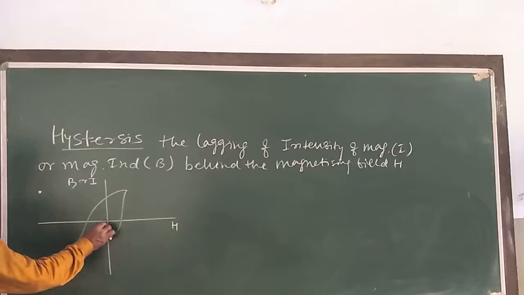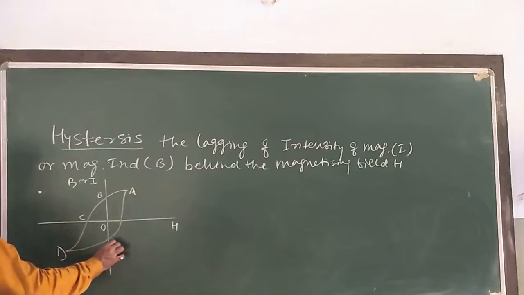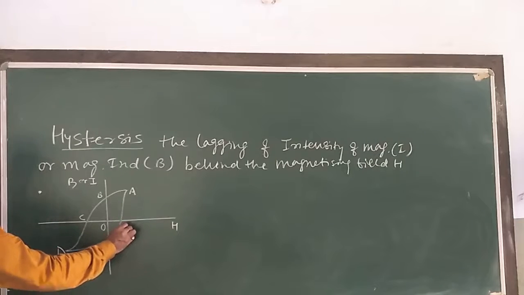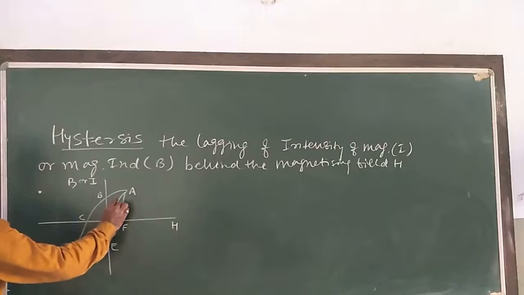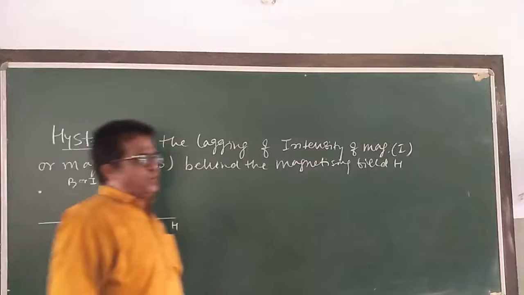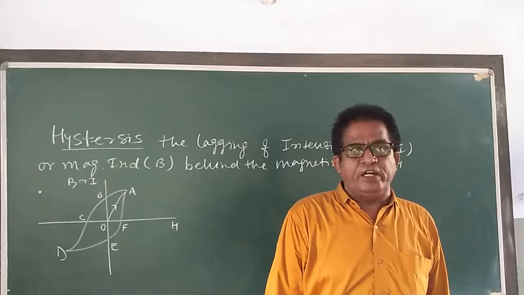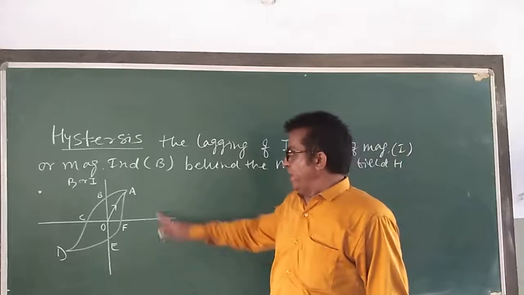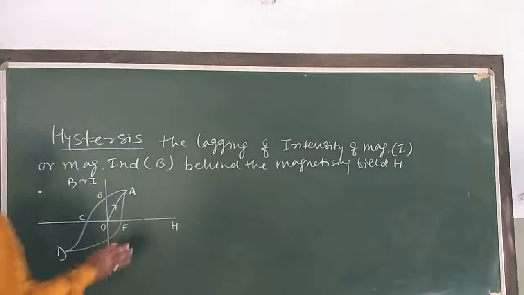This is the starting point O, A, here is the point B, here is the point C, D, E, F. Now draw this graph, then I am going to explain what the graph of intensity of magnetization and magnetizing field shows during magnetization and demagnetization.